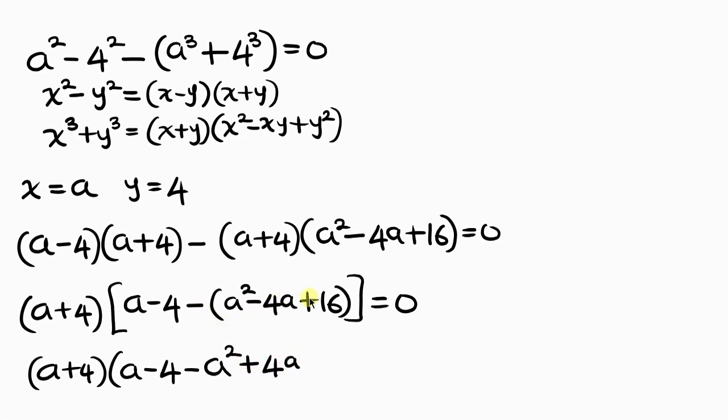Now minus times plus is minus 16, and this is equal to 0. Now let's simplify what we have here. So we have a plus 4 times, now this is minus a squared, so I'm going to be writing minus a squared.